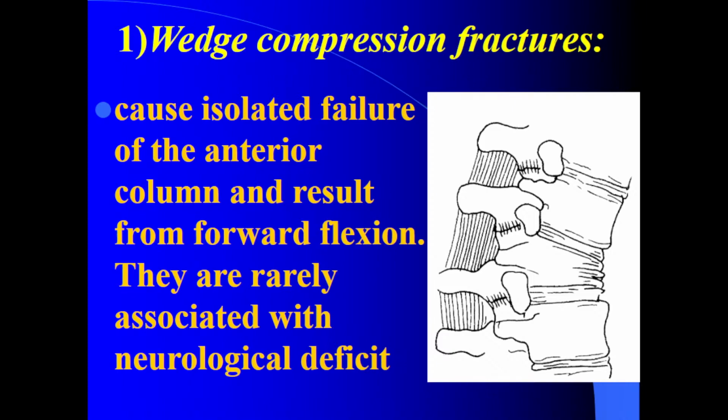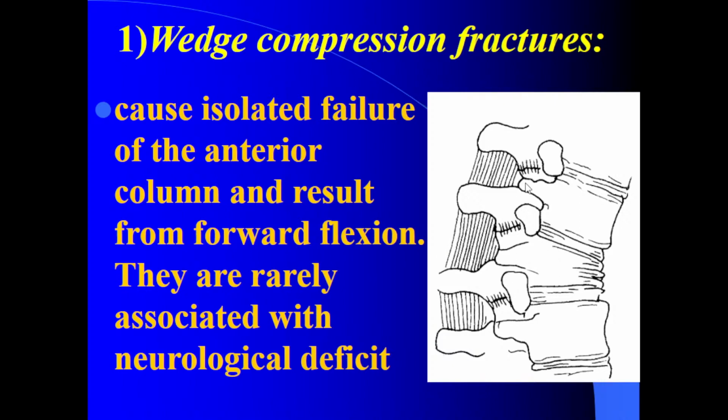That's why all modern cars have so-called airbags, to prevent that hyperflexion. If there is no airbag, or the airbag does not work properly, hyperflexion of the cervical part can lead to a wedge compression.